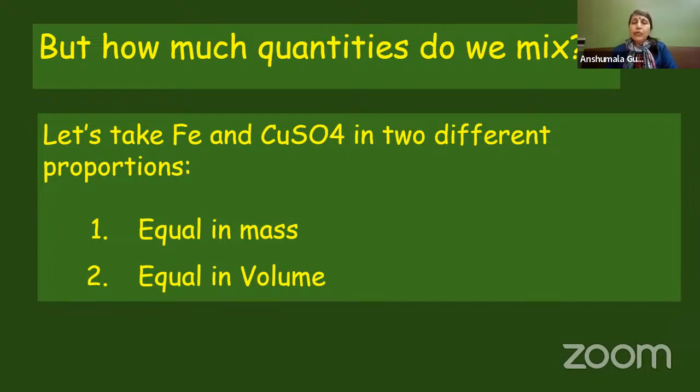Right. So when we are taking these two powders, some people are saying, for example, Atharv, and another person is saying, suppose we take 1 gram of each, or we take 10 grams of each.